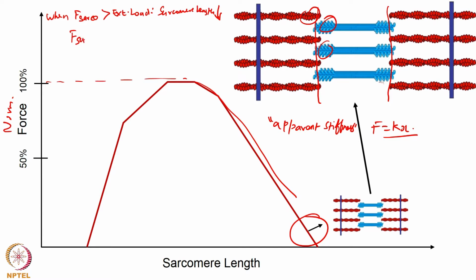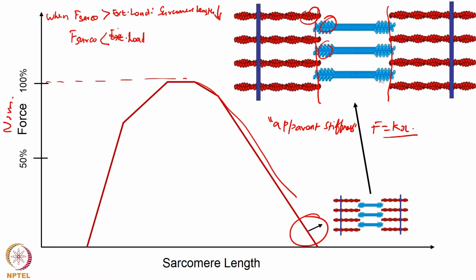Suppose the force produced by the sarcomere is less than the external load, and this is not exactly uncommon. Sometimes the external load is higher than the force that can be produced by the sarcomere. It need not just be the external load. For the purpose of this discussion, when we are looking at one sarcomere, the force produced by another sarcomere can be acting as a load for this sarcomere, for the first sarcomere.